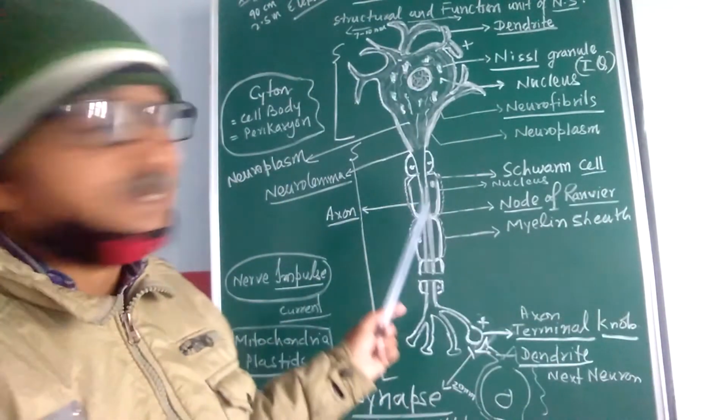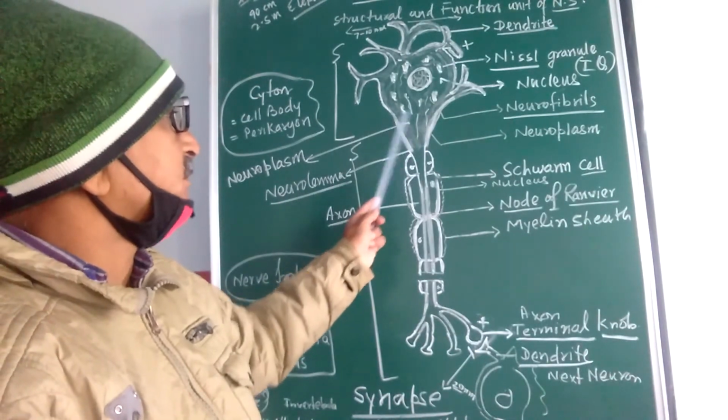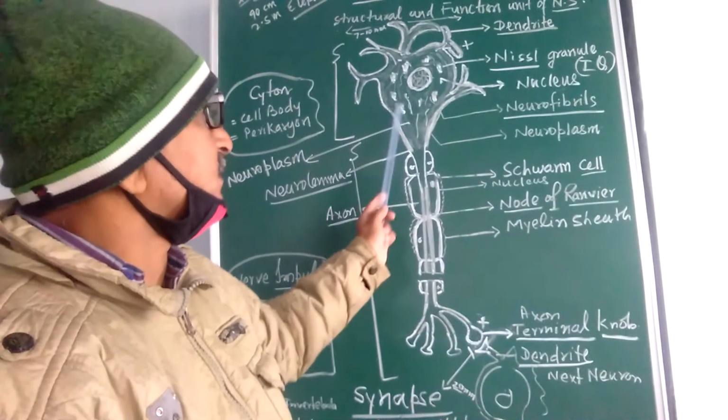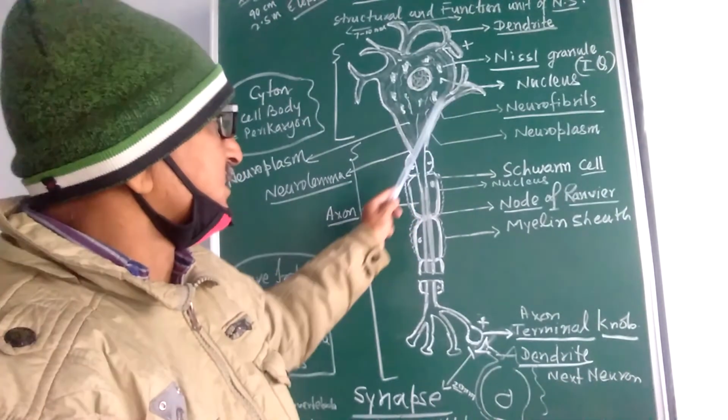When you draw the diagram, try to understand that Nissl granules are not made in this conical region, and myofibrils may be there, but the fibrils conduct the impulse.